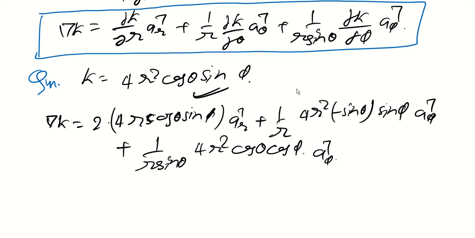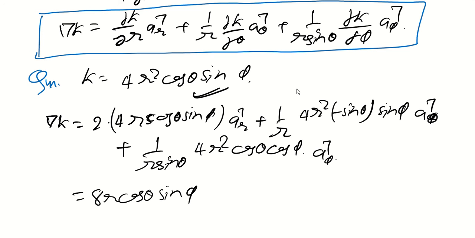Here it was a theta, right? Now just multiply and solve it. So it will become 8r cos theta sin phi a r, right?